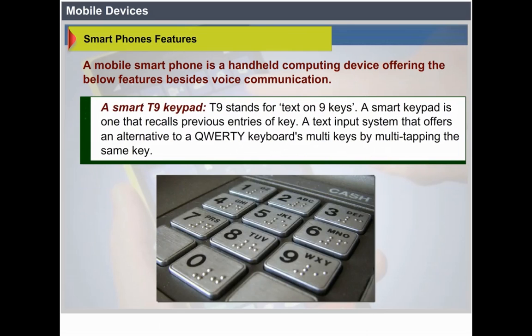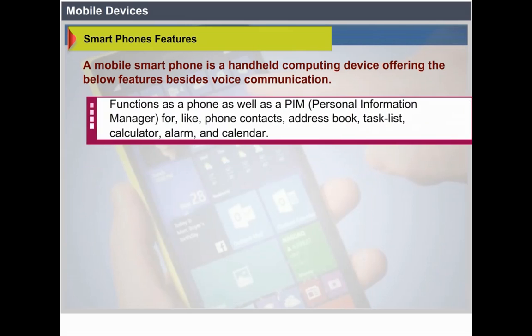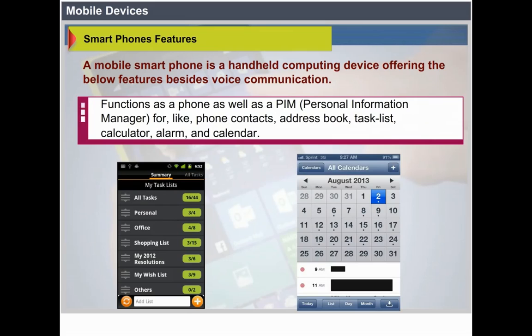T9 stands for text on 9 keys. A smart keypad is one that remembers previously keyed entries. It is a text input system that offers an alternative to a QWERTY keyboard's multi-keys by multi-tapping the same key. It functions as a phone as well as a PIM, Personal Information Manager: phone contacts, address book, task list, calculator, alarm and calendar.